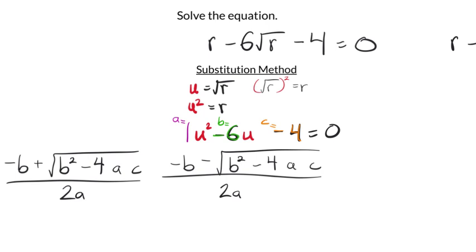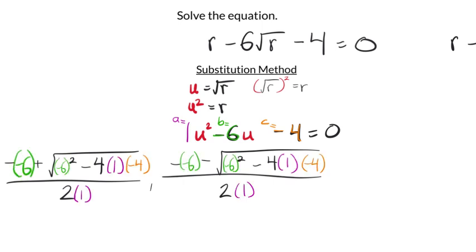So I'm going to go ahead and go into both parts of my quadratic formula. You can see I have -b plus, but also minus on this side, the square root of b squared minus 4 times a times c, all over 2a. So we're going to go ahead and replace those. The a is 1, the b is -6, and the c is -4.